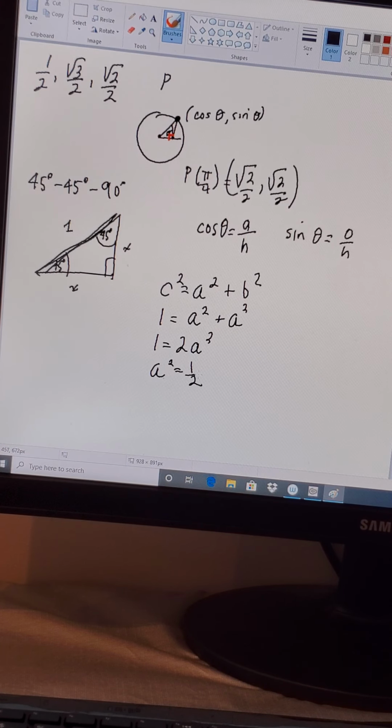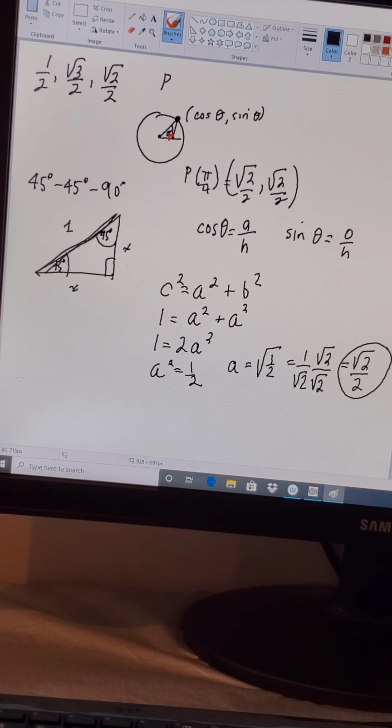Which means that in order to have an isosceles triangle with hypotenuse of 1, the other two sides must be this, except that is not rationalized. Well, first let's simplify it. The square root of 1 is 1, square root of 2, irrational. I don't want an irrational denominator. I want to rationalize the denominator, which is where we get the first value.